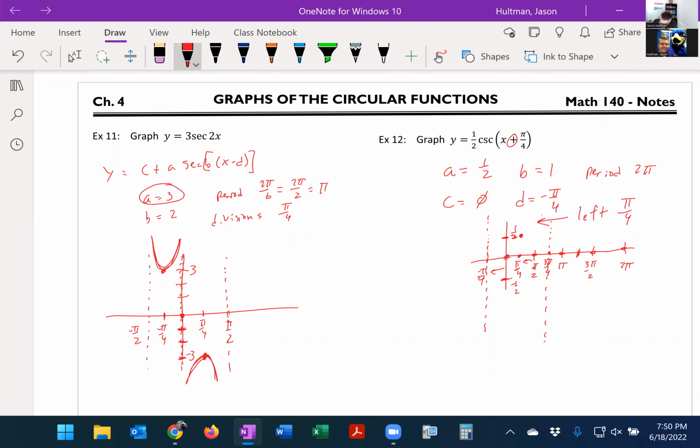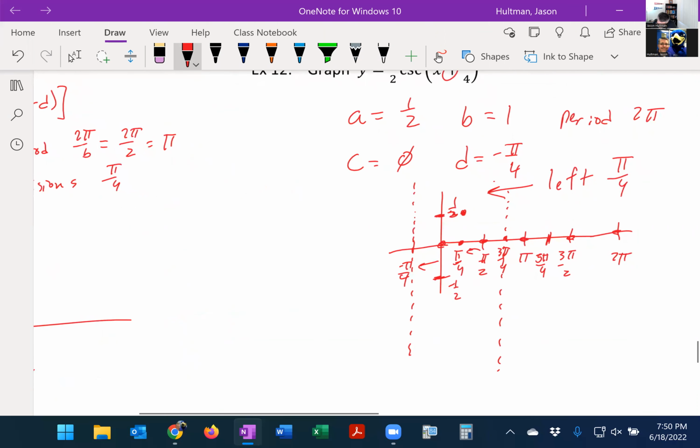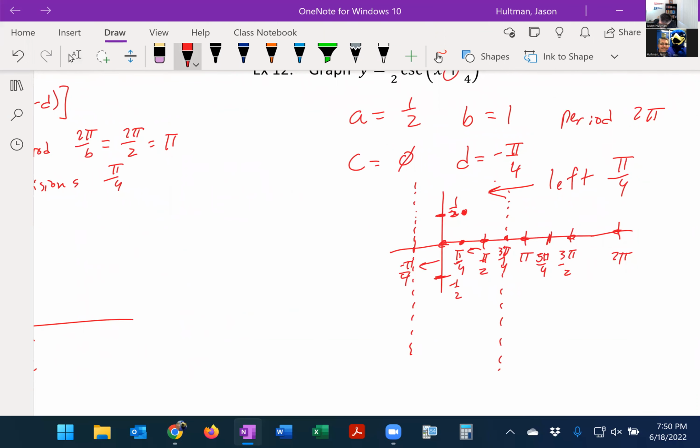So 3 pi over 2, or 6 pi over 4, minus pi over 4 is 5 pi over 4. I'm going to zoom in on that. 5 pi over 4 is at negative 1/2. And then the 2 pi will get moved over to 7 pi over 4, and that's an asymptote.